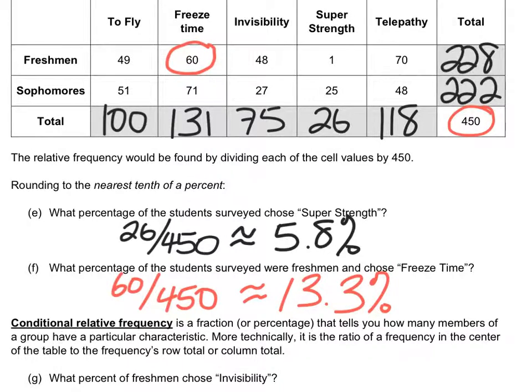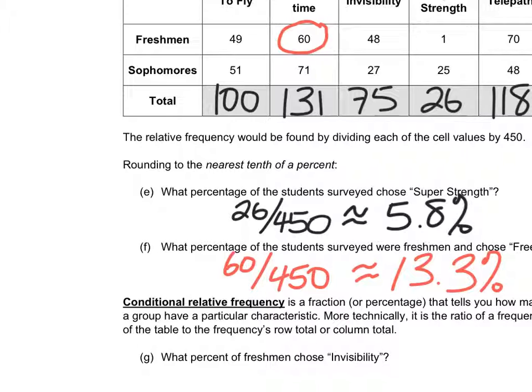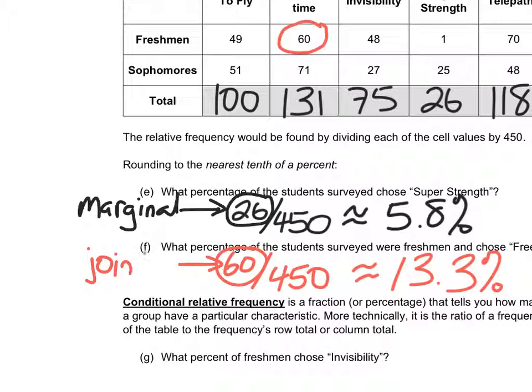All right, so again, we want to get to a point where we're fluent with understanding of where these values are coming from, and the terminology is really important. So this again is a marginal, and this is a joint. In both cases we're finding a relative frequency.